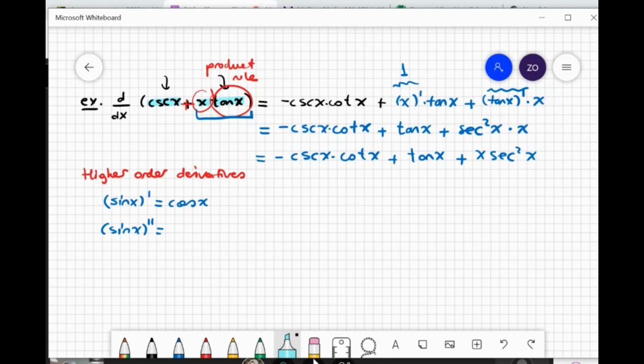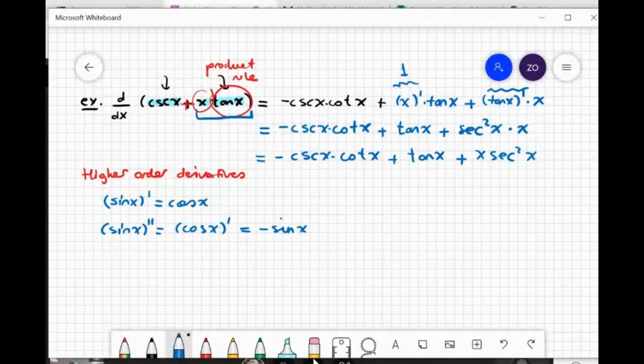The second derivative of sine means take the derivative of the derivative. So take the derivative of cosine. So what is the derivative of cosine? It is negative sine of x. So the second derivative of sine is equal to the derivative of cosine, which is negative sine of x.